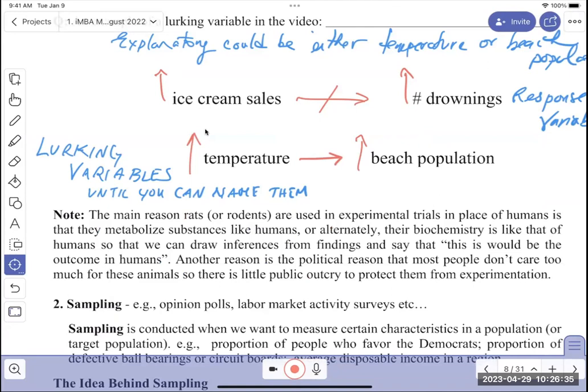Now, things have changed in the last 20, 30 years. And actually, I think there's some countries that outlawed any experimentation using animals. So that's interesting. It's nice for the animals, but it's kind of bad for the humans, right? Because they have to actually participate in experiments with treatments.